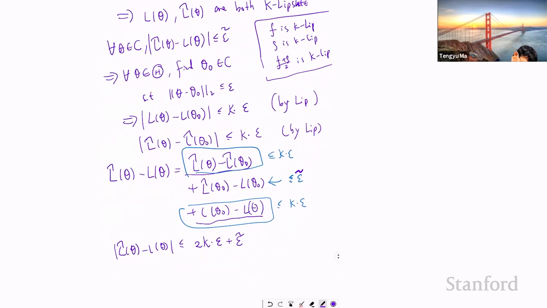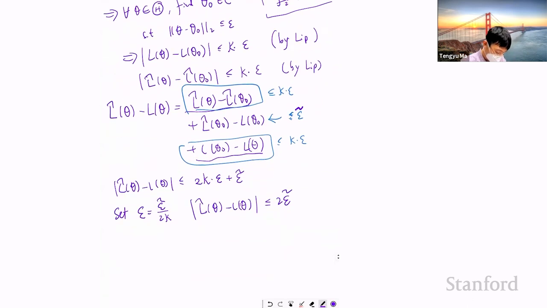Now it's time to set epsilon to be epsilon tilde over 2 kappa. Then you balance these two error terms, so you get this is less than 2 epsilon tilde.